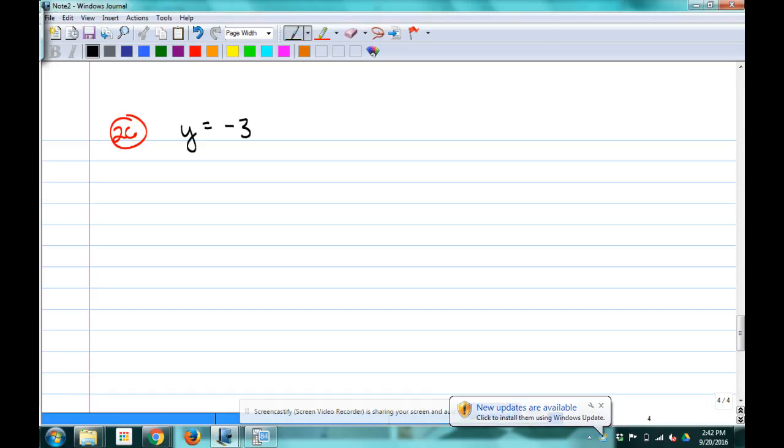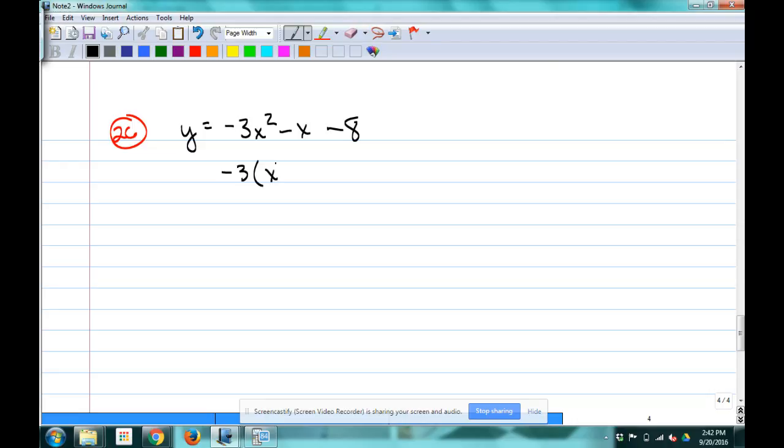y equals negative 3x squared minus x minus 8. It's in standard form, not exactly in the best of forms there because I've got a negative 1 in front of x. But if I want to put that in vertex form, I can. It's not going to be as easy for this one.